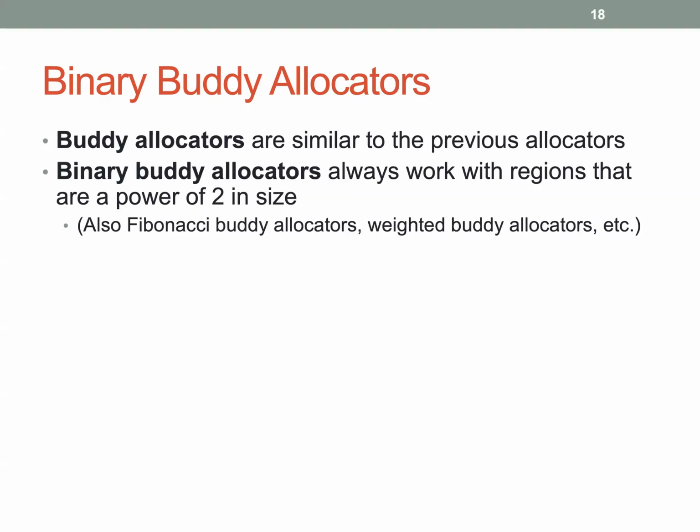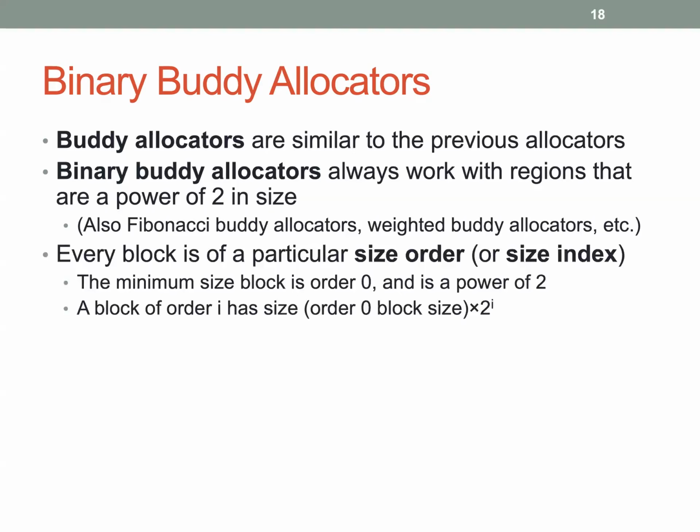But binary buddy allocation is very common in operating system kernels. Every block is a power of 2, but we also say that there's a size order associated with the block. The size order comes from the fact that we have a minimum allocation size, which is a power of 2, and the minimum allocation size is size order 0. Now, every time we go up in size order, we double the size of the block.